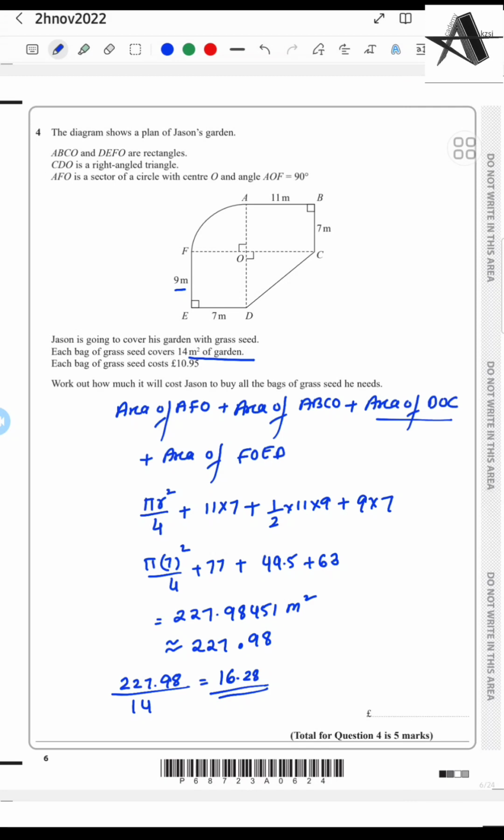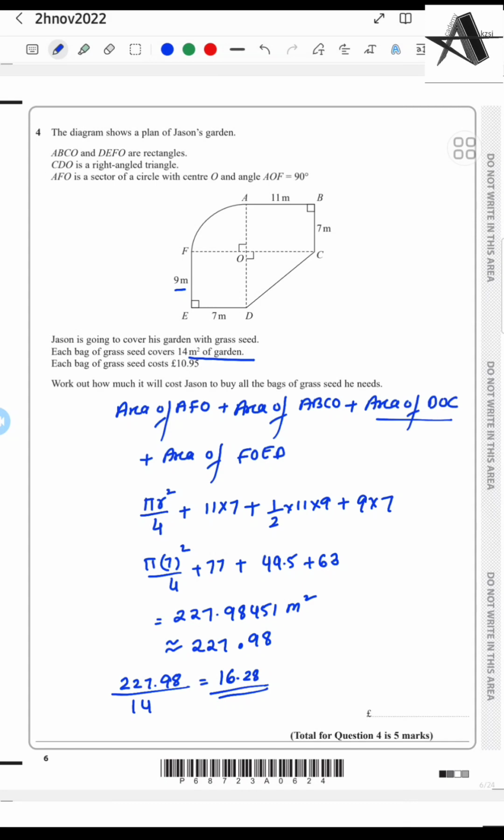Is it possible that you will go, if it's a packet and you're going to purchase it, I need 16.28 packets? It's not possible. That means if you need 16.28 bags, definitely you need an extra bag. 16 bags will do their work, but still a few more seeds are required.